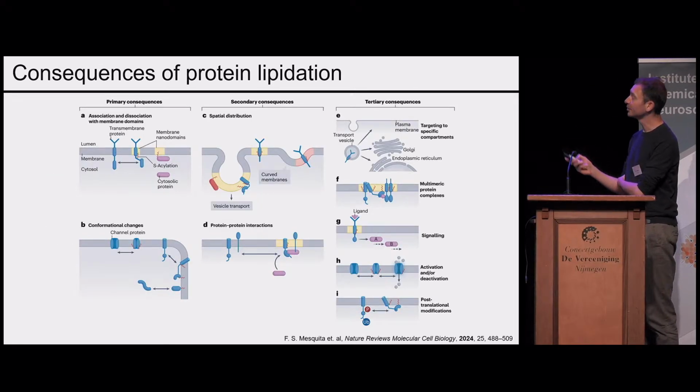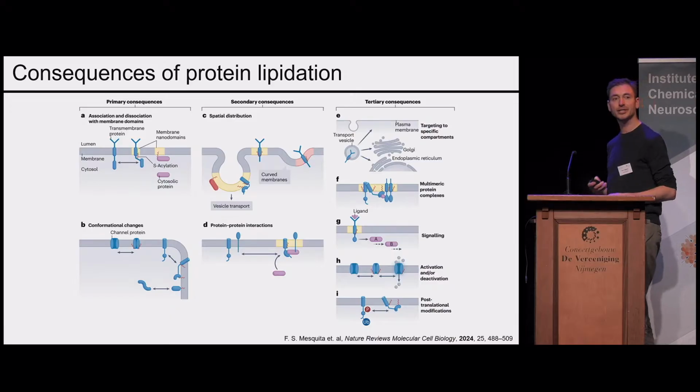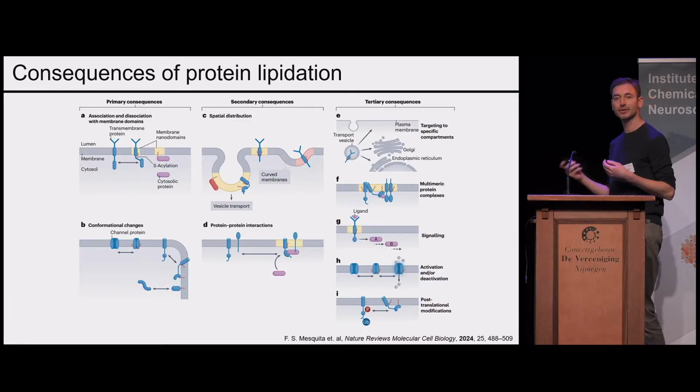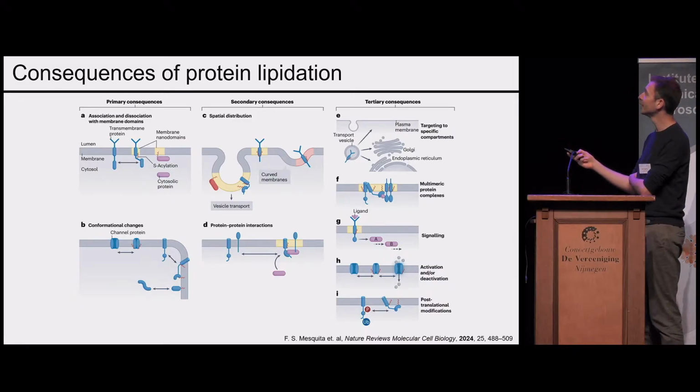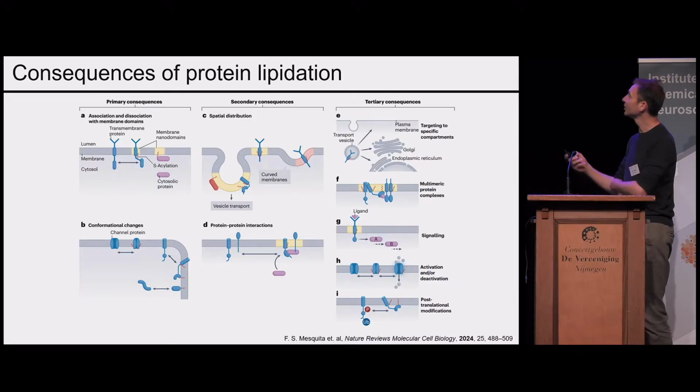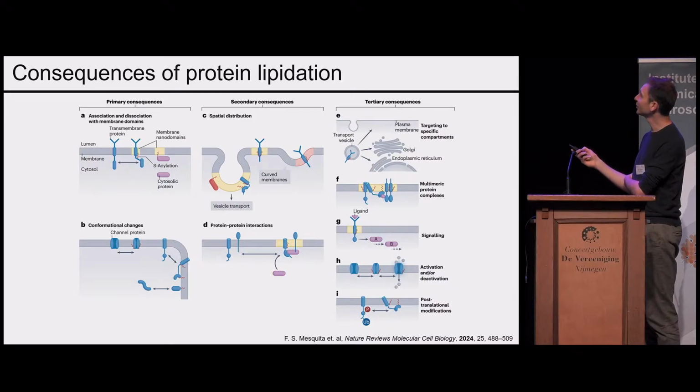What are actually the consequences of these lipidation events on proteins? Once a protein is lipidated, it can do different things. It can associate the protein to specific membrane subdomains. It can lead to conformational changes of these proteins. It can traffic them to vesicles to induce vesicle transport.